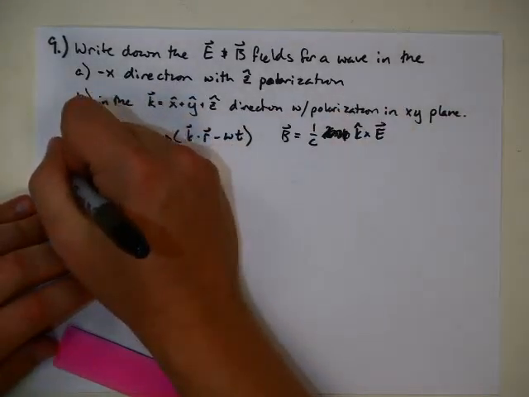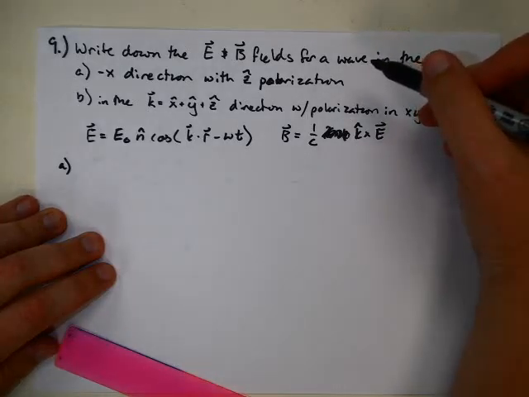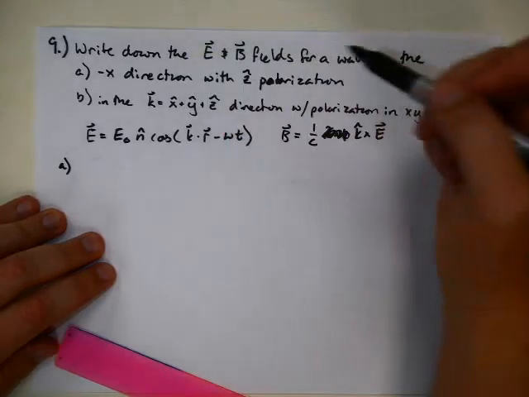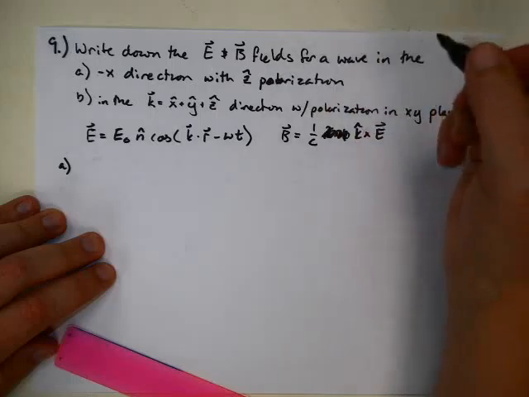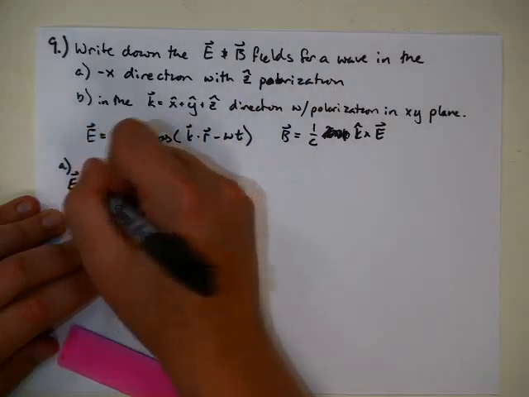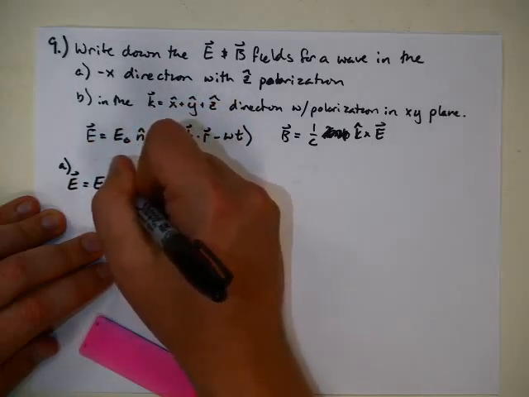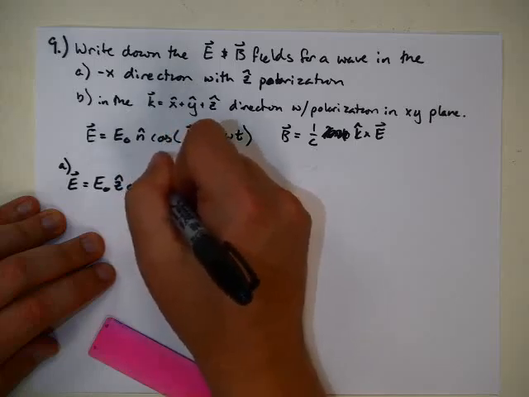For the first problem, for part A, we are asked to write down the E field and the B field for a wave moving in the minus x direction with polarization in the z hat. So we can immediately write down the first part. This is E0 z hat cosine.